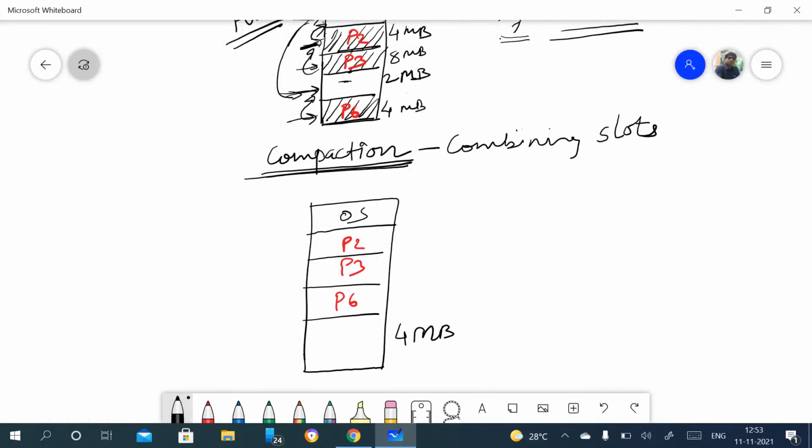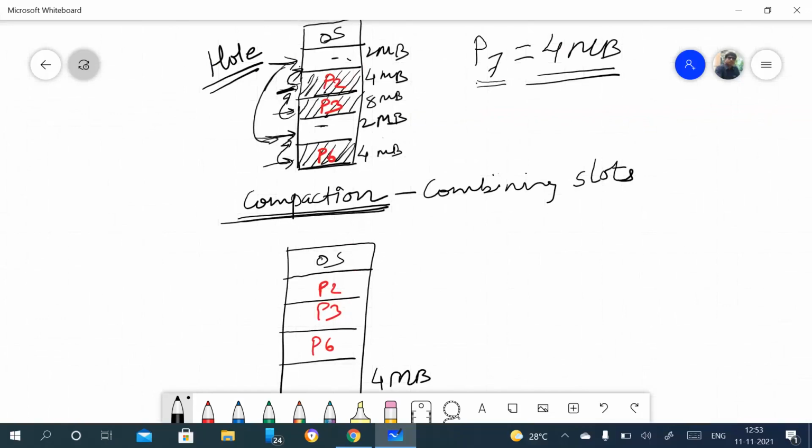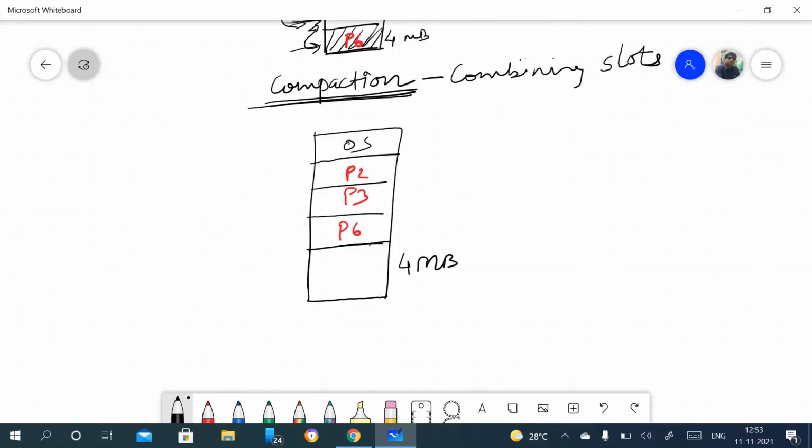The original positions of P2, P3 are not here because we shifted them so that we can create this slot of 4 MB. Now P7 with 4 MB we can store here. Getting this? So this drawback can be overcome here in variable, or dynamic, partitioning.